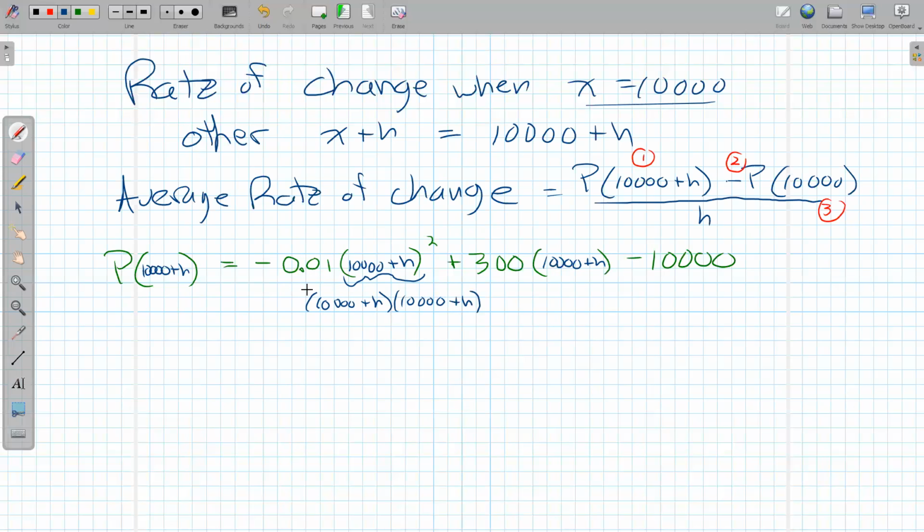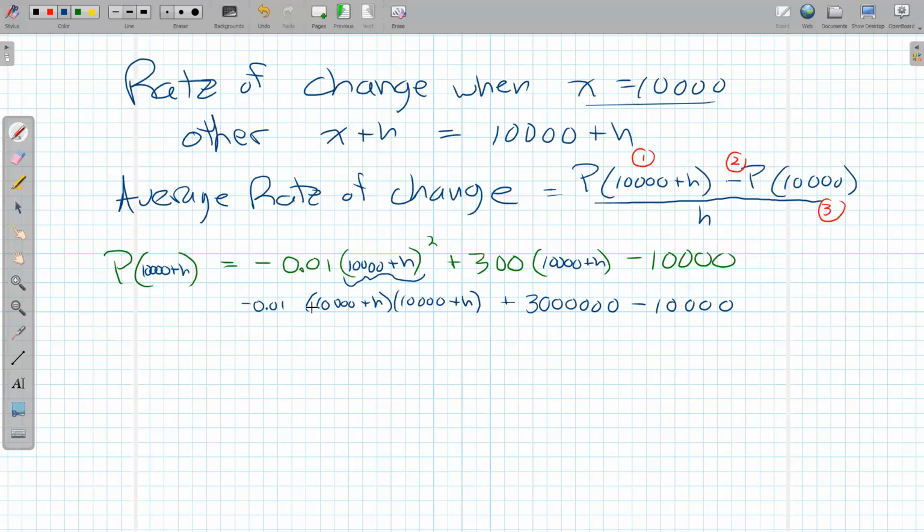And then we'll distribute that negative 1/100th, probably after we do that. This one's pretty easy. We distribute the 300 in there, and what do we get? We get 3, 1, 2, and then 4 more zeros, and then we have to subtract 10,000 from that.